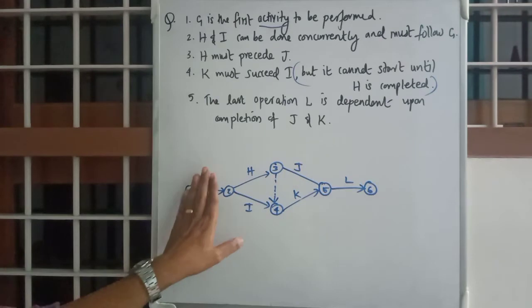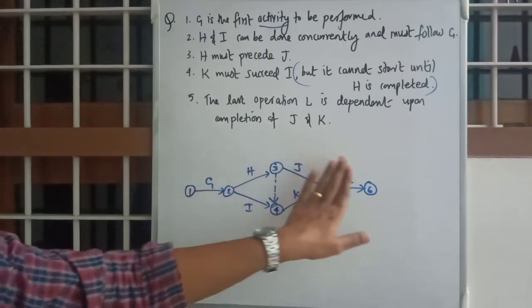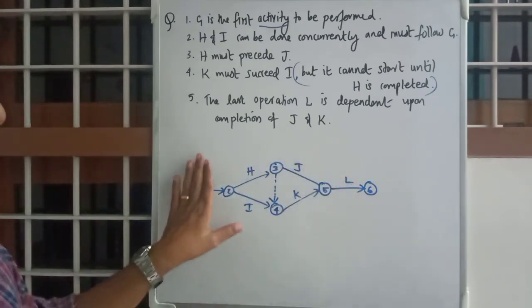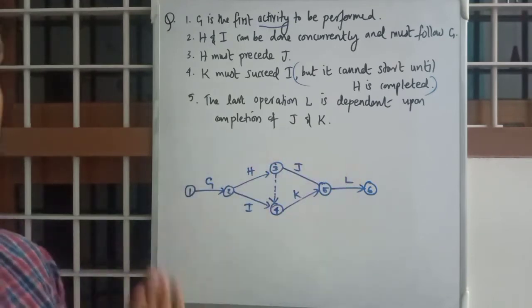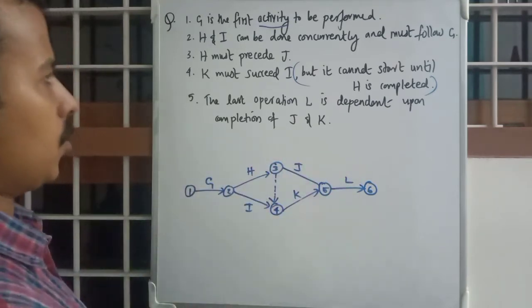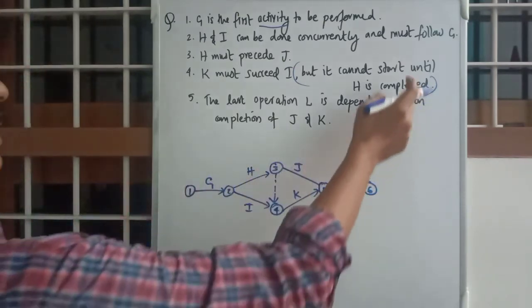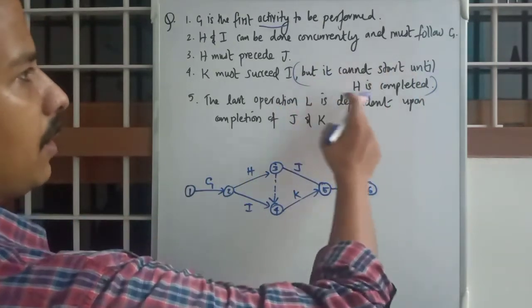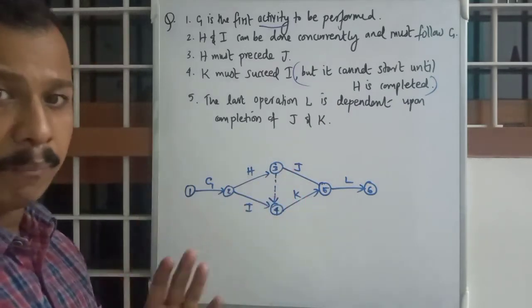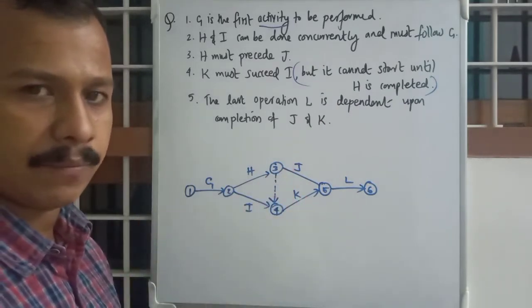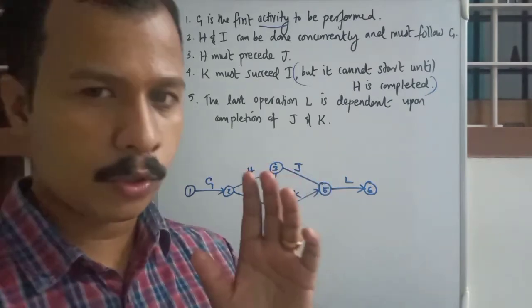Okay, and using Fulkerson's rule also you can just number it likewise: 1 2 3 4 5 and 6, the same. Okay, so in here the only special case is cannot start until H is completed, so that you can draw a dummy activity. Okay, so we'll move on to next one.